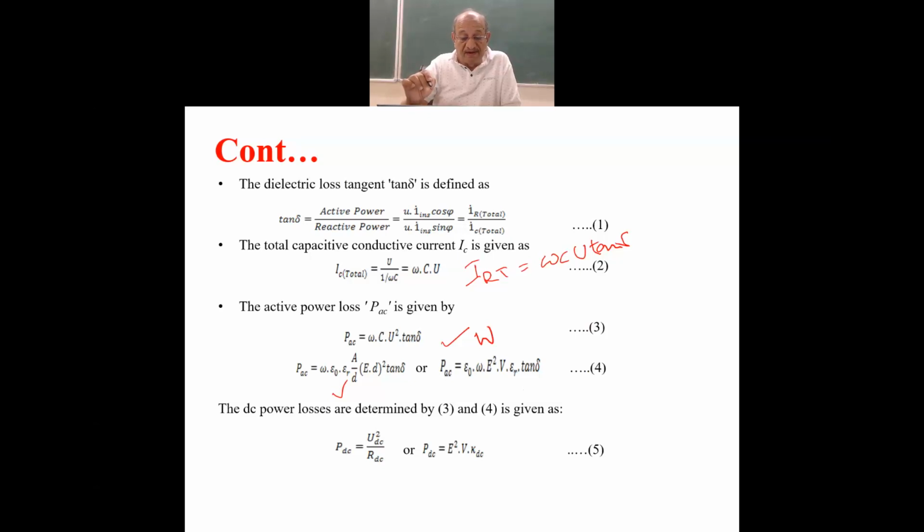And when you analyze it further, this will work out to be epsilon naught, epsilon r, omega E square, and AD, and AD is nothing but the area multiplied by the distance of the dielectric, which gives you the volume of the dielectric.